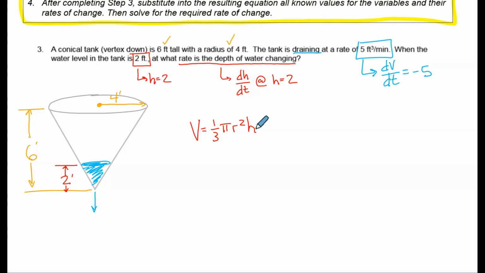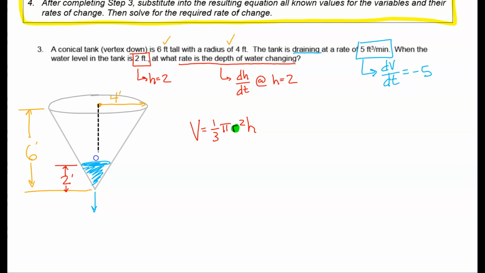Okay. Let's now take a look at what we have to do here. So we have to rewrite this equation just in terms of V and h. So that means we need to get that r out of here. We have to find some relationship in the picture or in the geometry of this application where we're able to get rid of r.